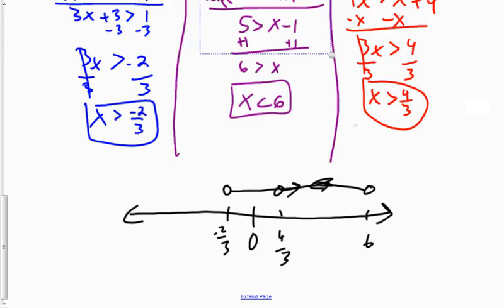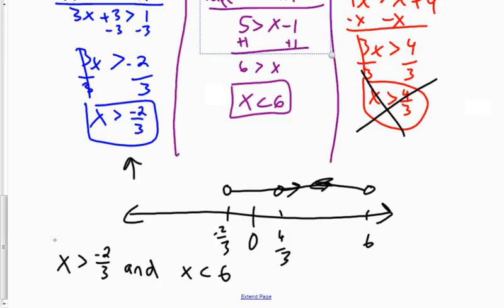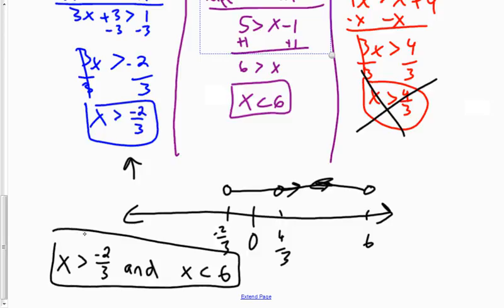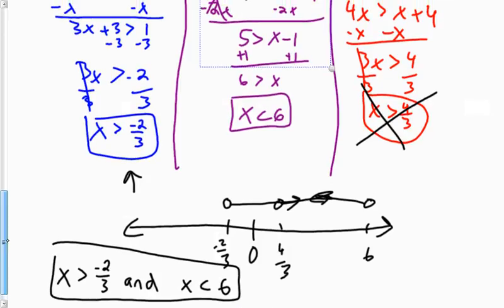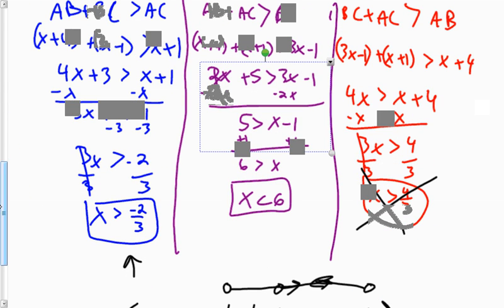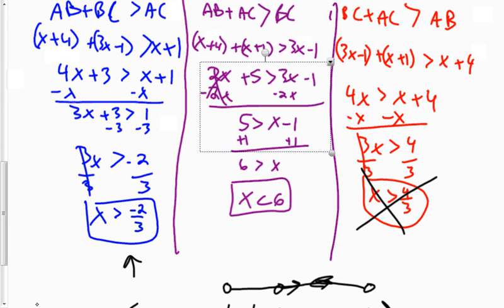So this one right here really doesn't matter because it's included in this one. So what we could say is that x has to be anything greater than negative 2/3, and x has to be anything less than 6. Or you could write that as a compound inequality if you'd like. All right. I know that seems like a lot of work, but it's really totally just applying what we just learned with those theorems. Okay.